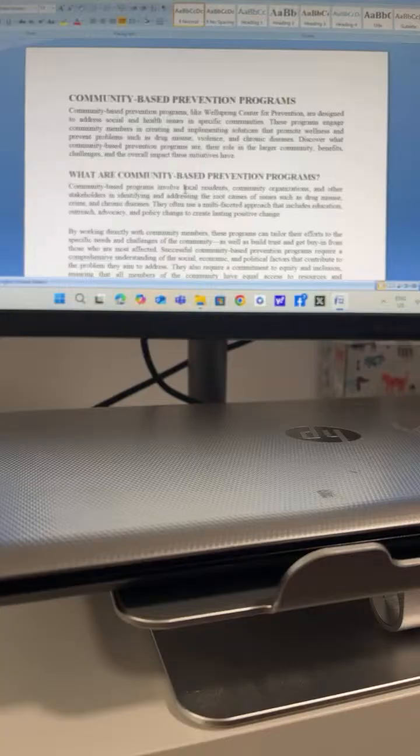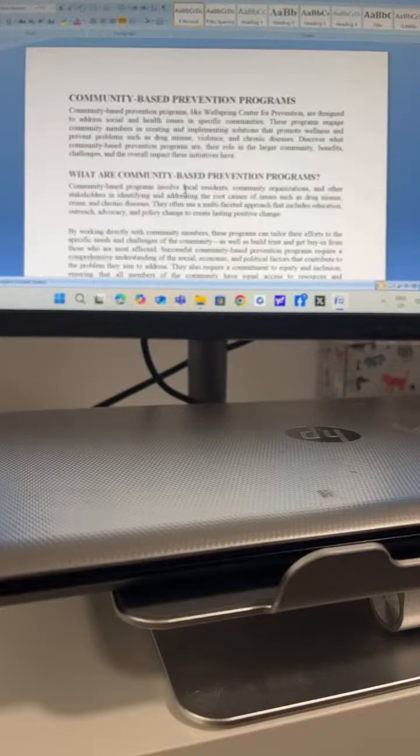What are community based prevention programs? Community based programs involve local residents, community organizations, and other stakeholders in identifying and addressing the root causes of issues such as drug misuse, crime, and chronic disease. They often use a multi-faceted approach that includes education, outreach, advocacy, and policy change to create lasting positive change.